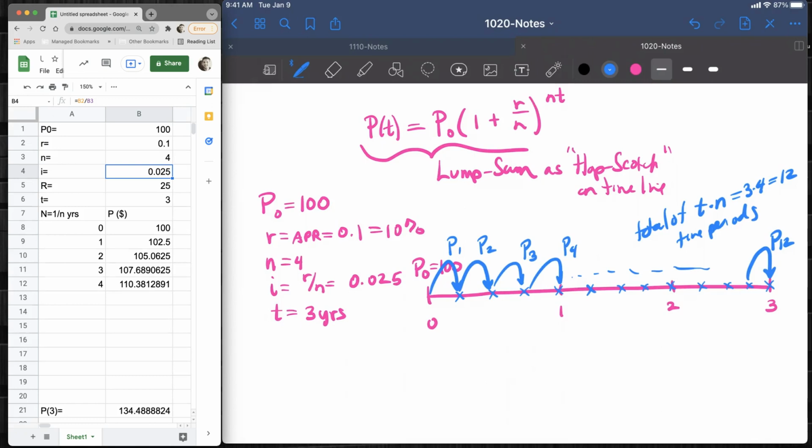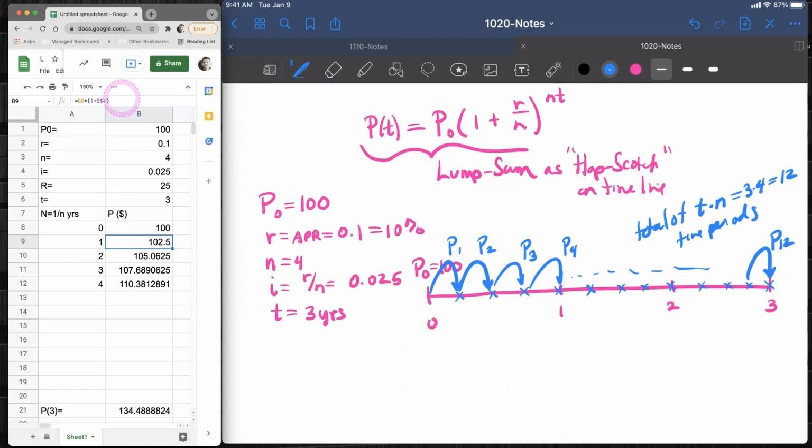The interest rate per period is I, 0.025, sorry, 2.5%. And there's our 3 year time period. And the question is, how did we find the value after 12 jumps in time? If one has a spreadsheet, we can do this jump across.